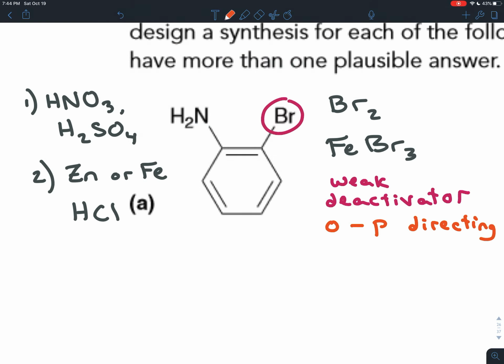The NH2 is a strong activator. It has those lone pairs there on that benzylic position, and there's no resonance pulling them away from the ring, so that's a strong activator.